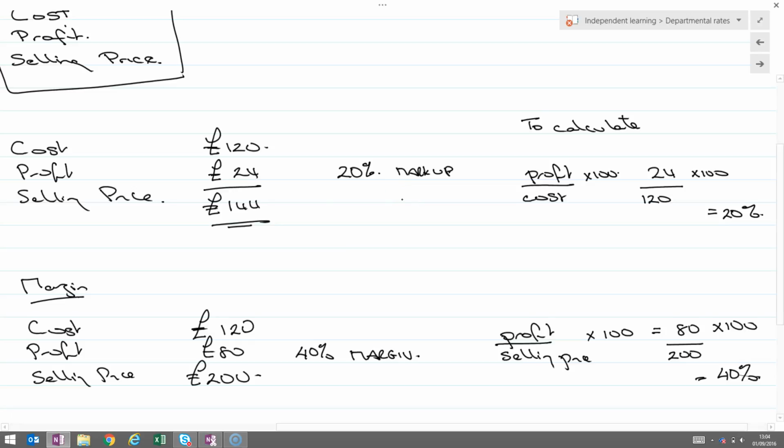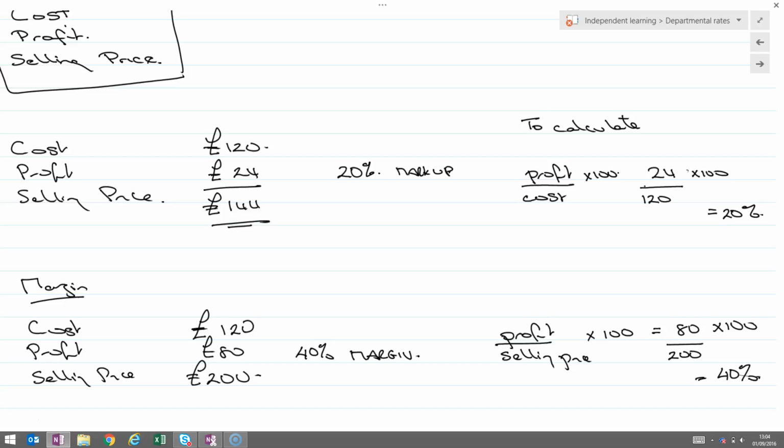Okay, so that's shown you how to use your markup, add it to your cost to get your selling price, how to use your margin, so work out your profit from your selling price, takes you back to your cost, and then how we can actually calculate markups and margins. So it really depends what a question asks you to do.